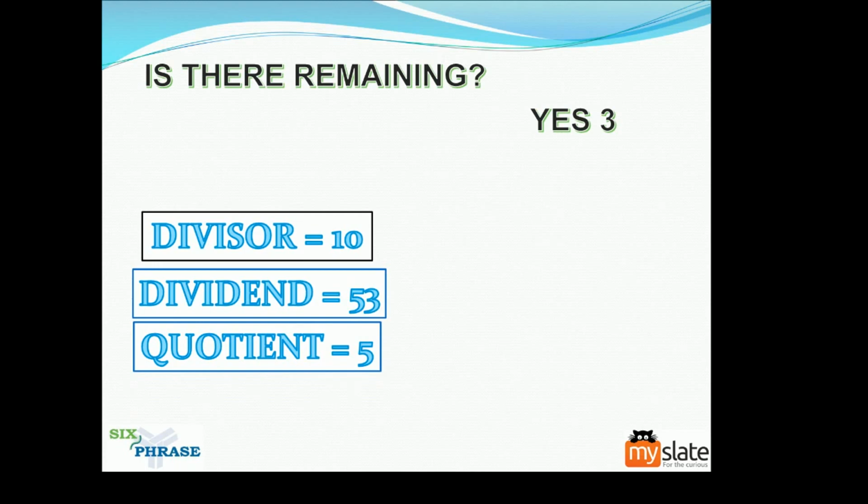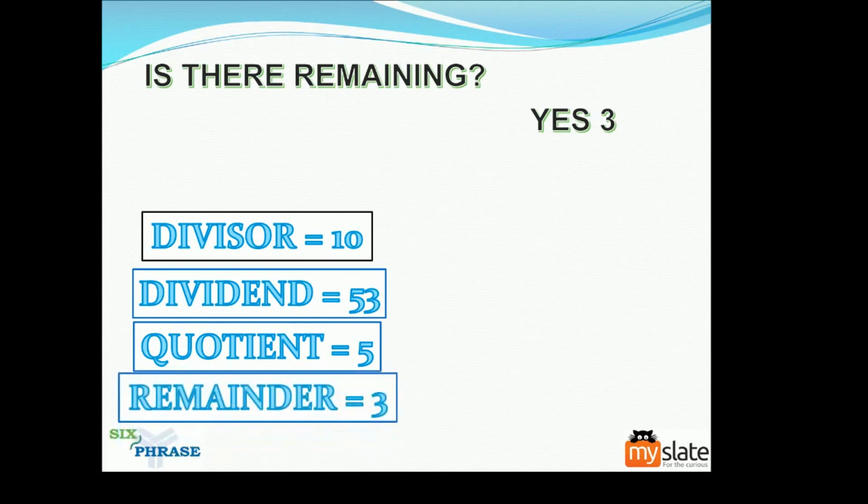And the remainder is the number of chocolates you finally had which you were unable to distribute. So the remainder is 3. This is how you understand divisor, dividend, quotient and remainder in a real-life scenario. Because by understanding it this way, you're understanding how these concepts are applied in day-to-day activities. Mathematics is there everywhere.